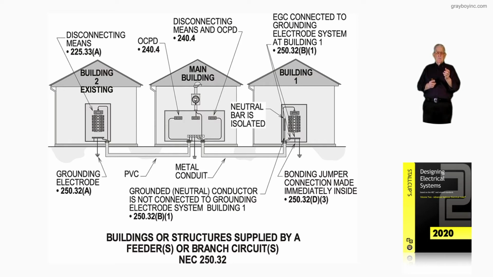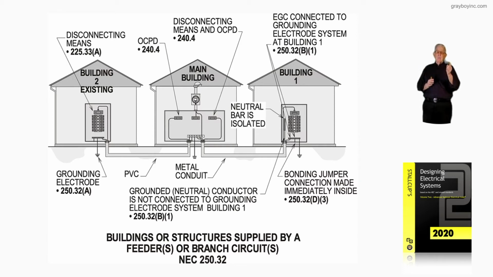All installations that are new, where you feed from one service location with a feeder to another building, as you see to building 1 there, you have to isolate the neutral bars you see and bond in the equipment grounding bars you see and connect it into the electrode system in 250.50 of the code. All your electrodes bonded together to provide an electrode system. So the building 1 to the right has to meet 250.32(B)(1).